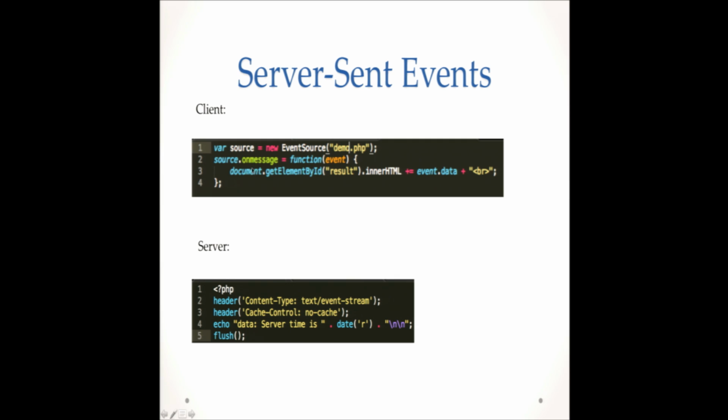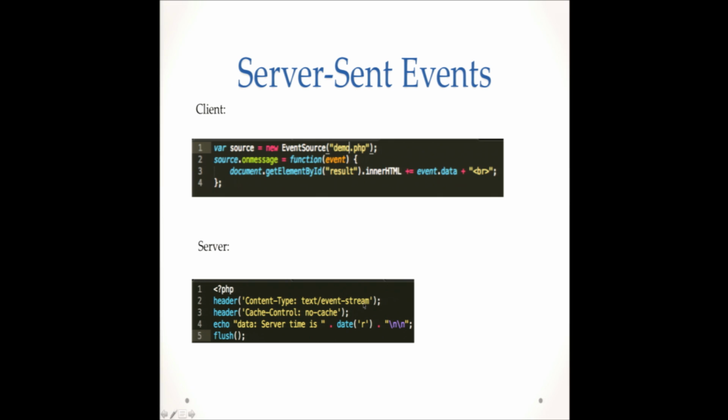Immediately, we will set a couple of event handlers. In this example, onmessage is a generic event. This event is triggered as soon as the server sends something to the client. On the server side, there are a couple of things that you need to keep in mind.